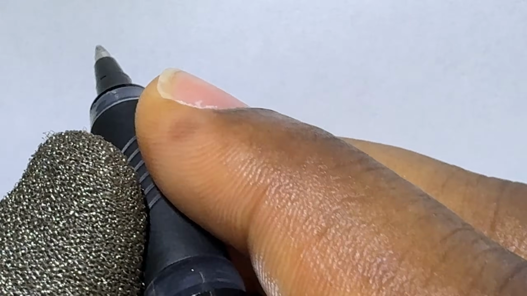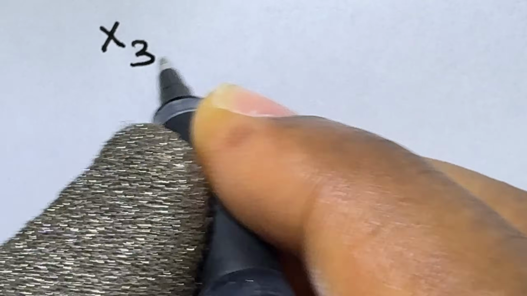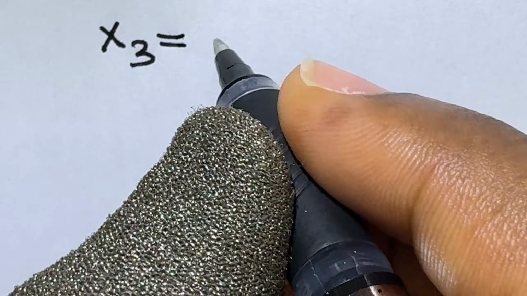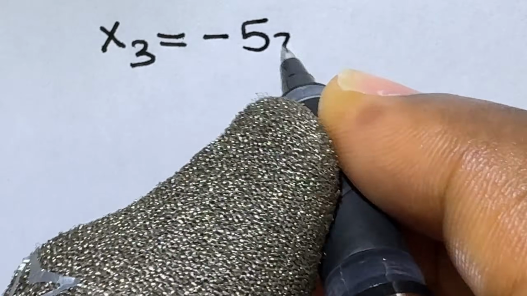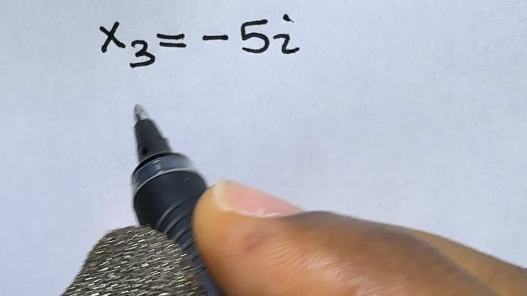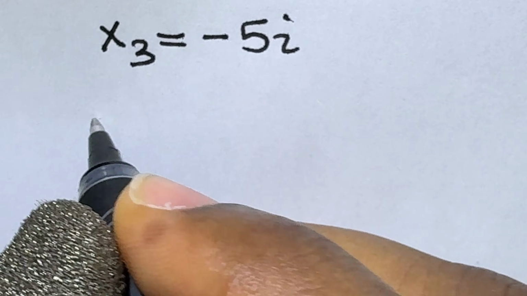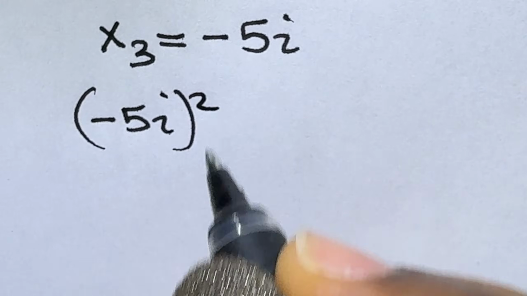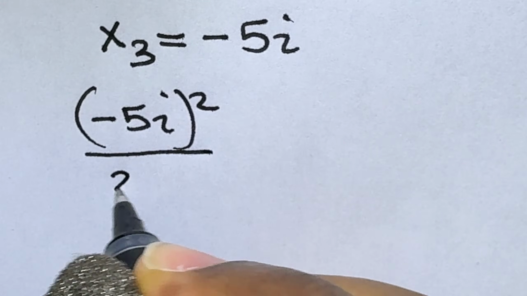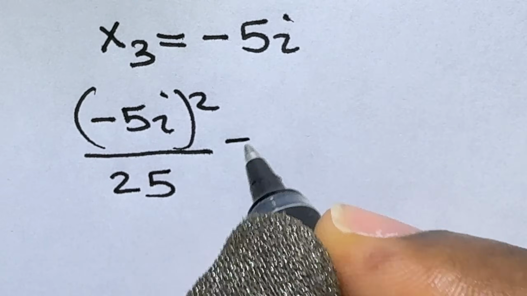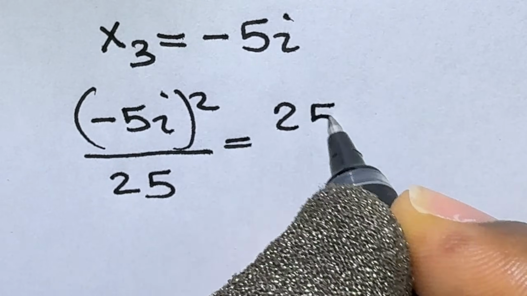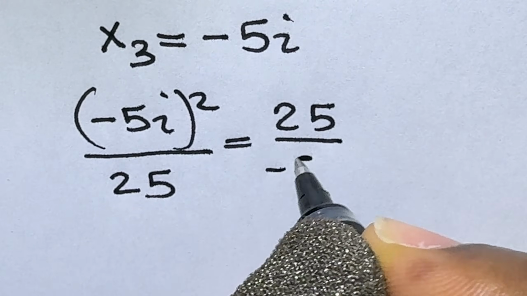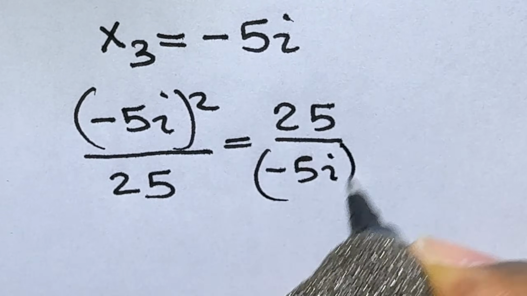Now when x, which is x3 in this case, is negative 5i, let us substitute into x squared. So this would be negative 5i raised to power 2 divided by 25 is equal to 25 divided by negative 5i squared.